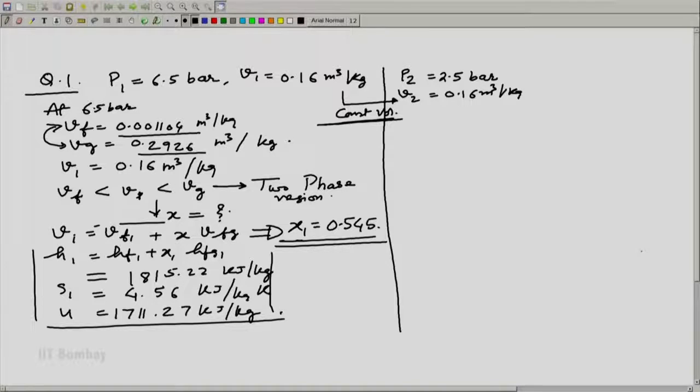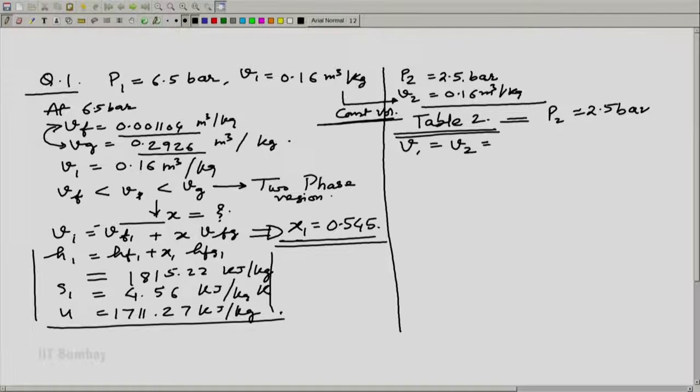Let us now go to state 2, and we know that in state 2 we have P2 equal to 2.5 bar, and from table 2 I will get the values at P2 equal to 2.5 bar. What I know is V1 is equal to V2, which is 0.16 meter cube per kg.